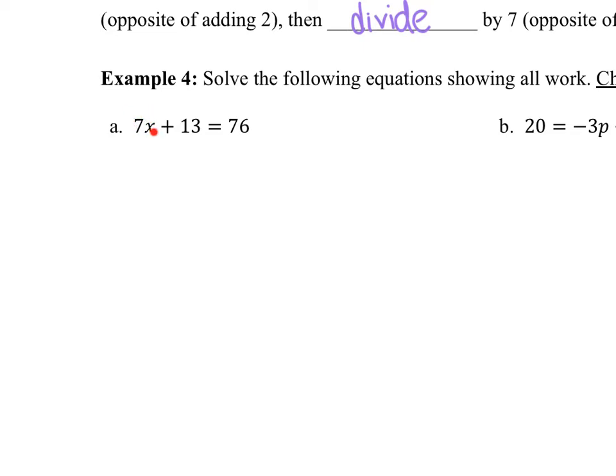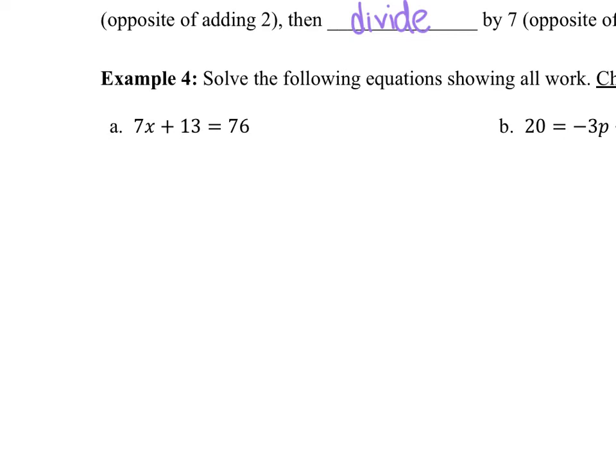Since we're solving for the variable x, we need to first get the term with x by itself. When we were doing one-step equations, we didn't have to worry about that because it was only one term. It was either just 1x plus a number or just x times a number. Here we've got both things going on.